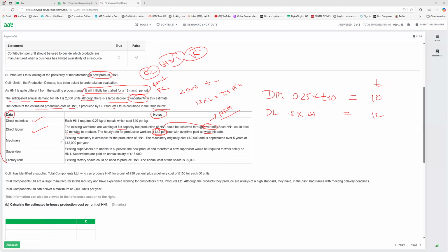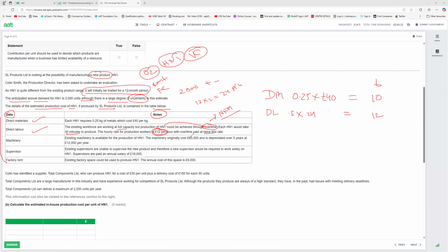The machinery: it said existing machinery is available for the production of HN1. The machinery originally cost 60,000 and is depreciated over 5 years at 12,000 per year. So 5 multiplied by 12 is 60,000. So you understand the useful life for the asset is 5 years.